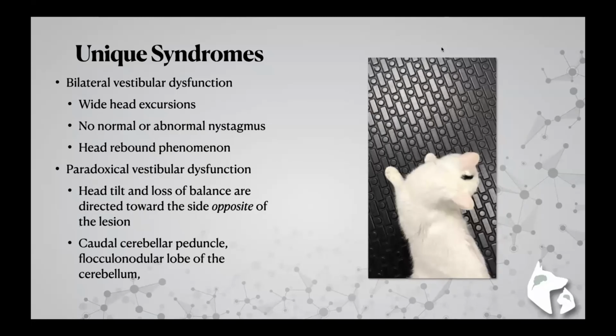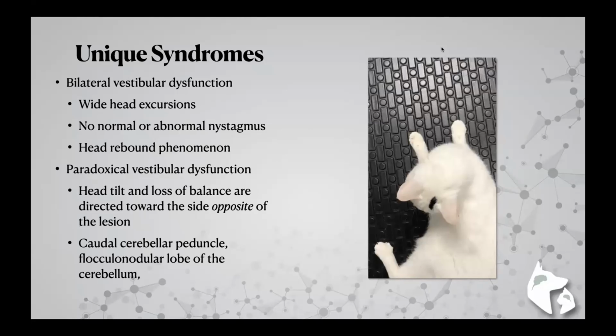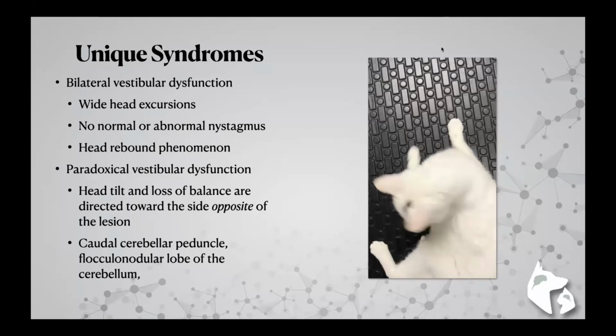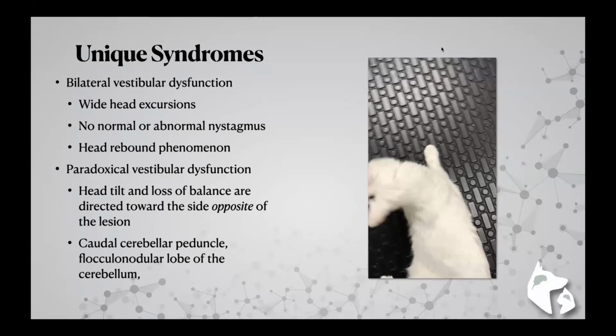It's not receiving any input, so it doesn't think that you're moving, which means it's not going to have a nystagmus. And if you try to induce a normal physiologic nystagmus by grabbing the dog and moving them side to side, you will not induce a normal nystagmus with bilateral vestibular dysfunction either.